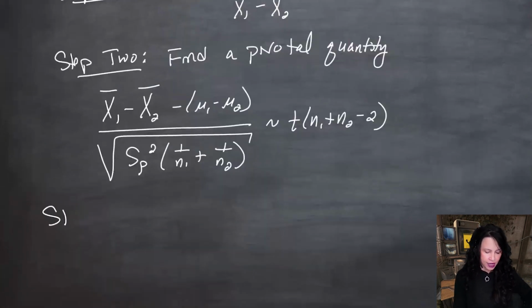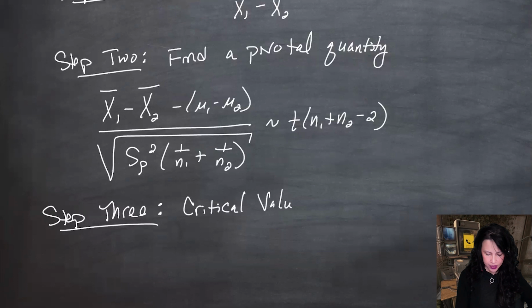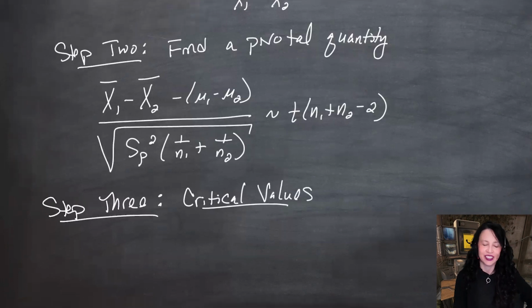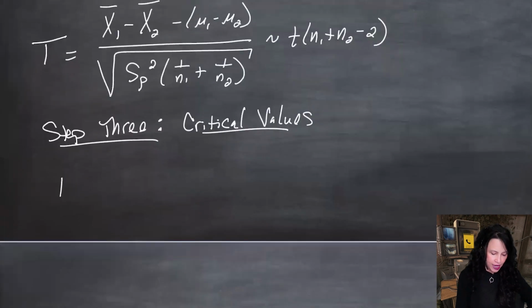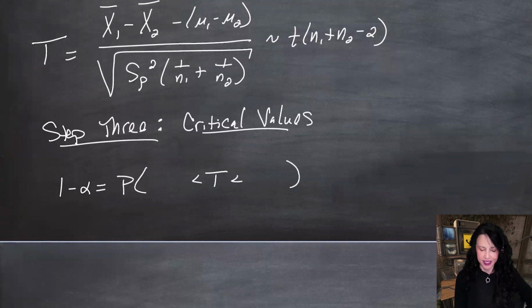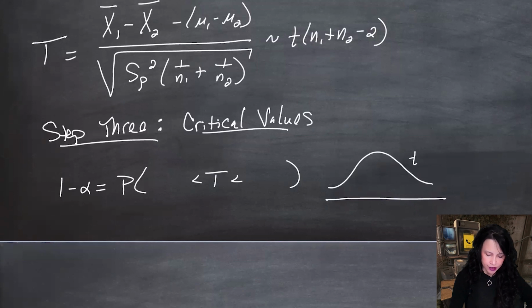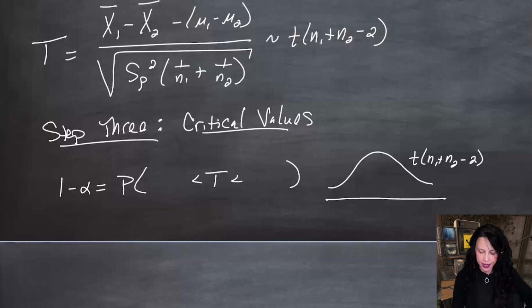So step 3 is going to be to find critical values, and we're going to use the t-distribution. Let's call this t. I know that I can get area 1 minus alpha as a probability that t is between a couple of things. I'm going to look at the t curve with n1 plus n2 minus 2 degrees of freedom. This is the PDF.